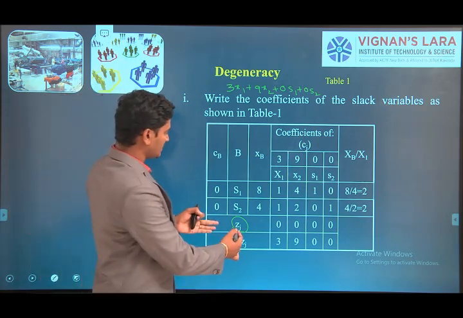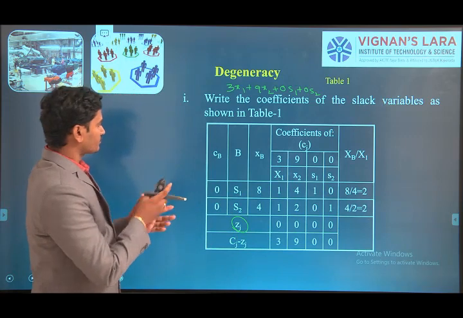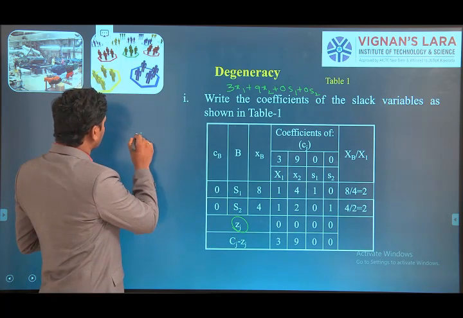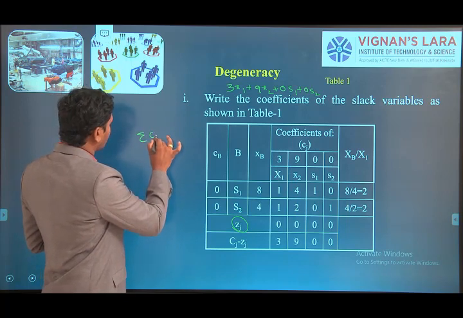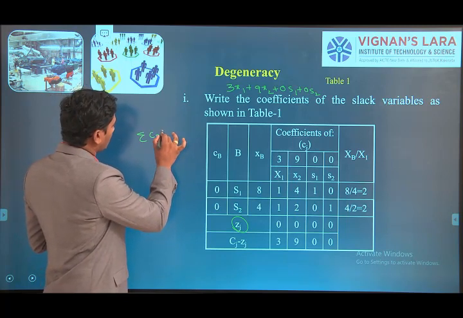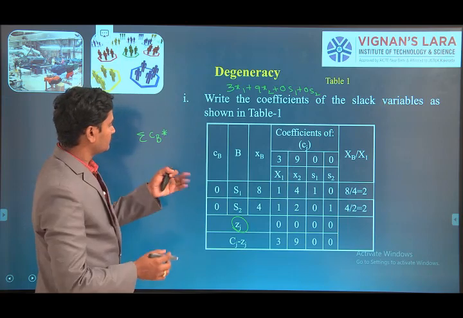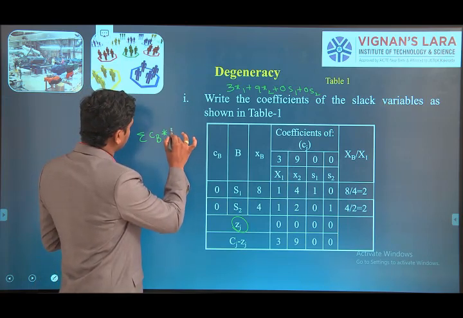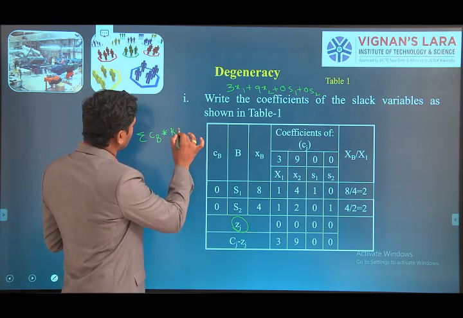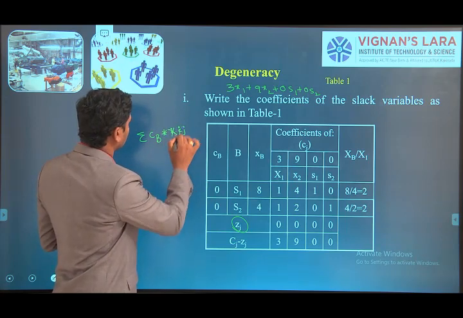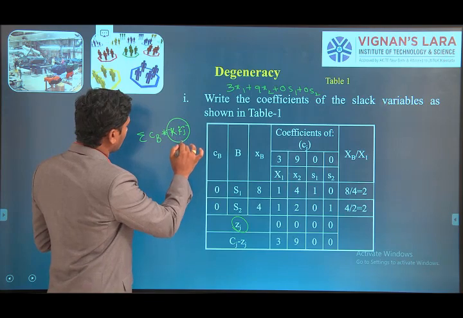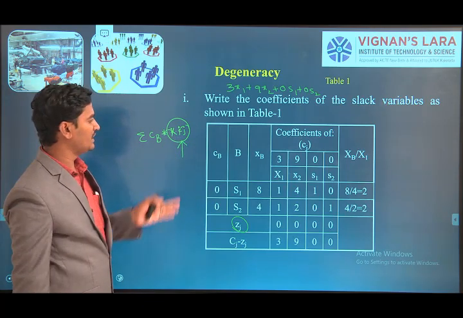Zj is the summation of the coefficient of basic variable times the key column xij. Here xij means the coefficients of the linear equations.